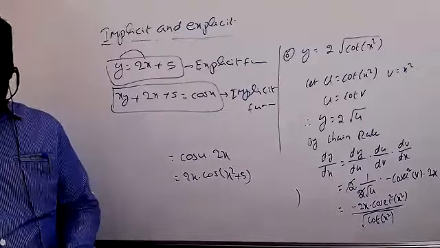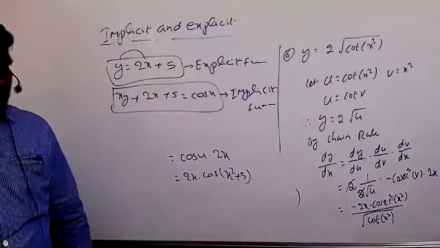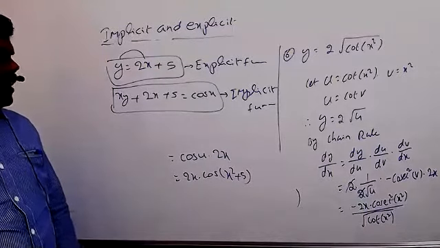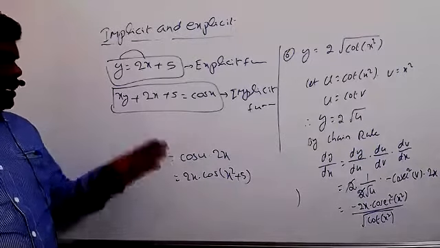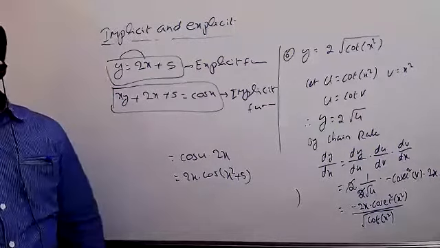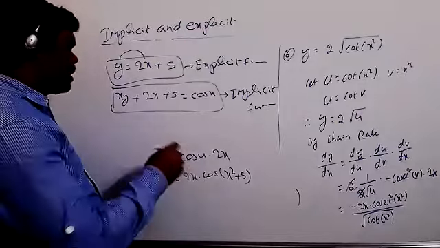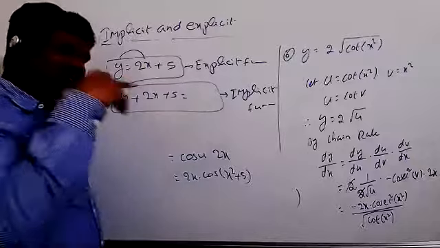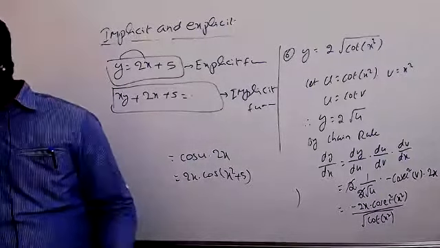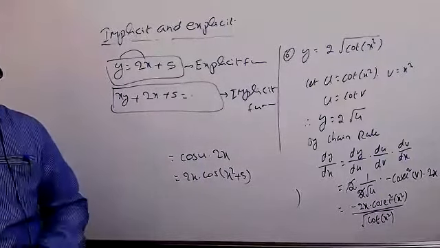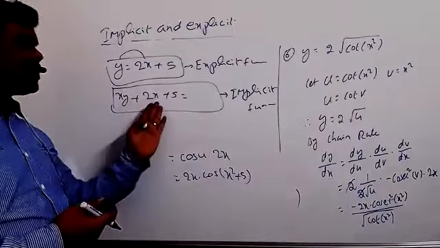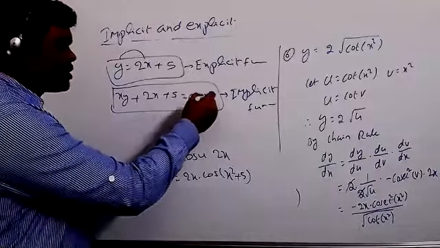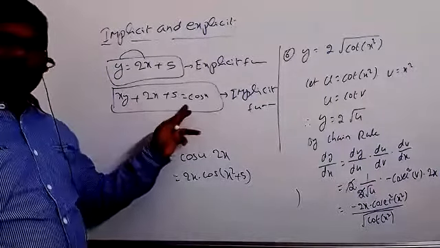So one doubt, sir. Yes, tell me. If we transfer 2x plus 5 to the RHS and then transfer x to the RHS, then it will be okay. Yes, it's fine, but after we do some changes and then get it, that means we have to count it as converting implicit function to explicit function. Understood now? Suppose I'm taking this function directly, what do you call this one?